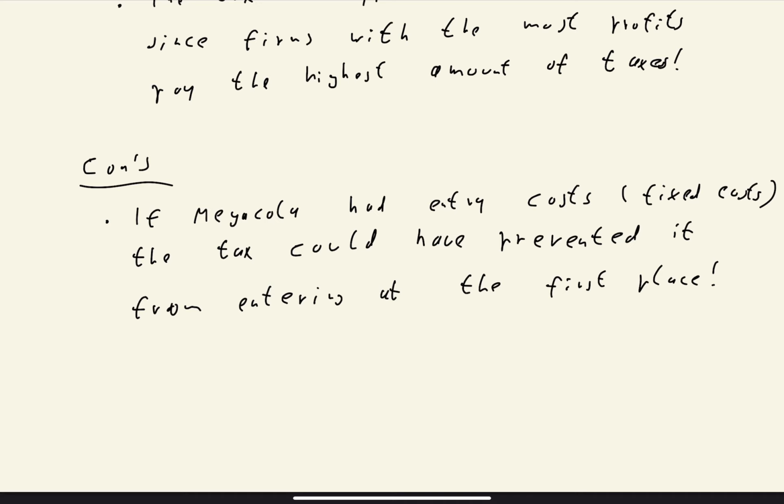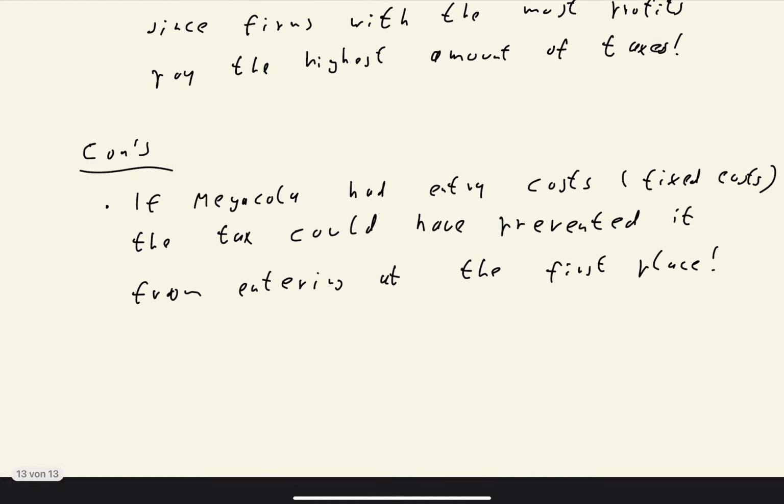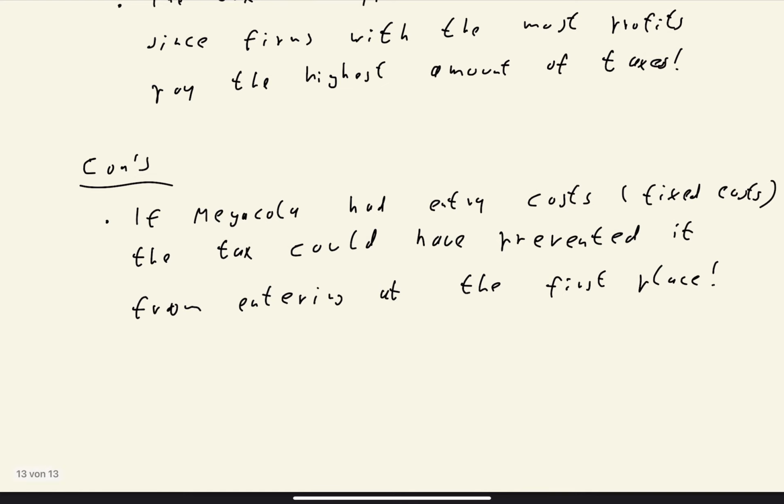And if you apply taxes on the profits, which do not include the fixed cost, it might prevent this firm from entering at all, even though it could be efficient for the firm to enter. Yes, so even though there are no distortions with respect to the behavior of the firm when it's about production, there are distortions with respect to the entry decision of the firm. Yeah, and this is one of the cons of the tax.